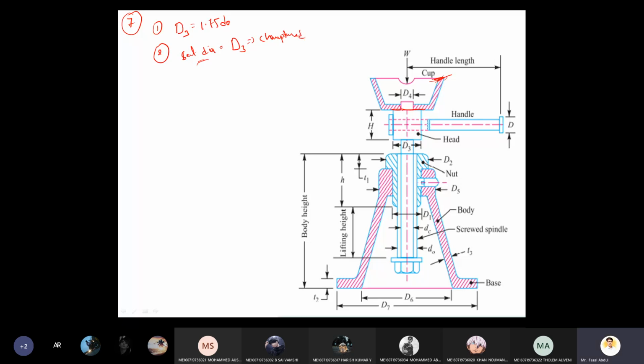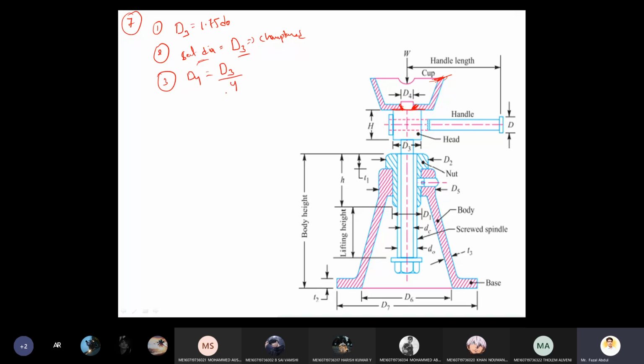Here you can find the chamfering. Third, accommodation for the pin. What is the pin diameter? Pin diameter is d4. Here the seat is provided as d3 diameter only, but with the chamfering for the accommodation of the pin. So this pin has the diameter d4, and the empirical relation is d4 equals d3 by 4.